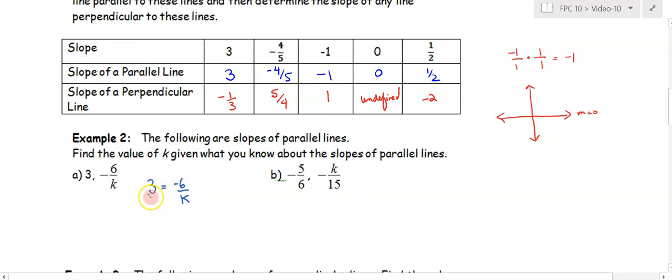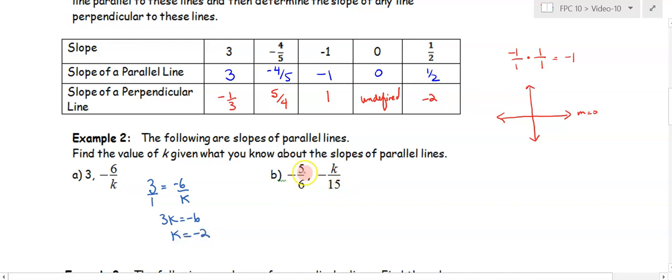And that makes them equal proportions. You can make it 3/1. You could just say, well, how am I getting from one fraction to the next? I'm multiplying by -2, so I need to multiply by -2. Or you could cross multiply. 3k equals -6, and you could solve it. Oh, k is -2. Either way.